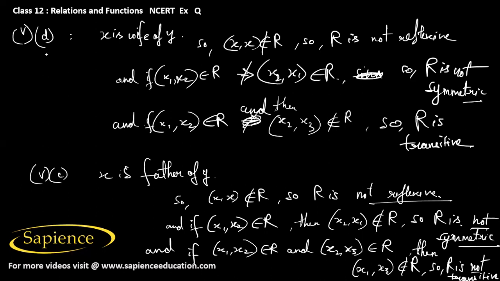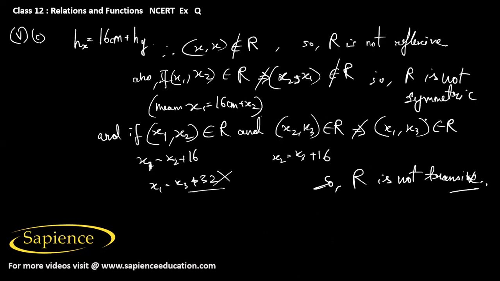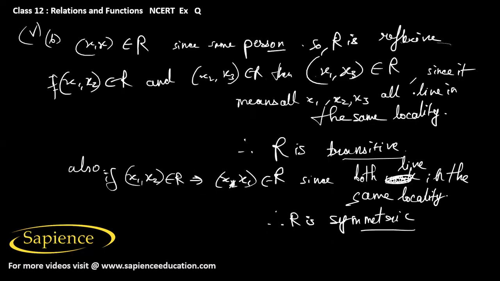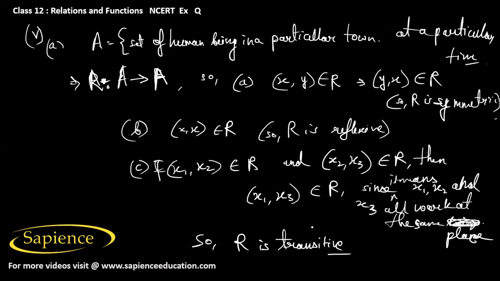So in part D, we have that R is not reflexive, not symmetric, but it is transitive. And in 5C also, and in 5B, it is reflexive, transitive, and symmetric. So here R is an equivalence relation. And in fifth part A, R is transitive, reflexive, and symmetric.